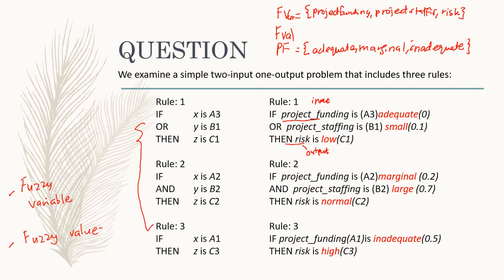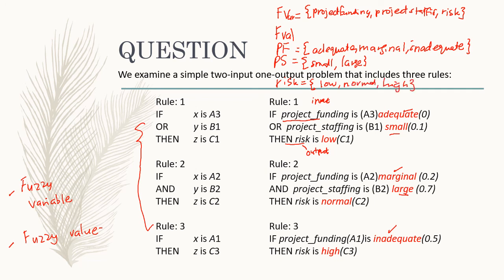What about project staffing? What are the values? We have small and large. We just have two values there, small and large. And for the fuzzy variable of the output, that is risk, what are the values? Low, normal, and also high.